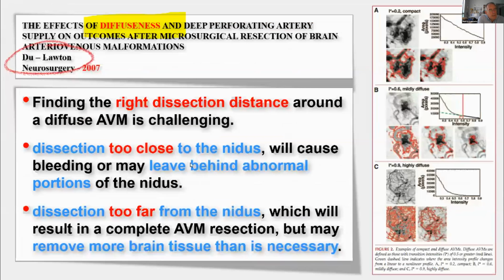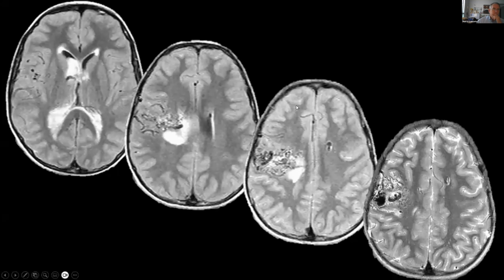One, you can have a dissection too close to the nidus, so you risk leaving behind an abnormal portion of the nidus. And on the other hand, you can have a dissection too far from the nidus, so maybe you take out brain that does not need to be taken out.